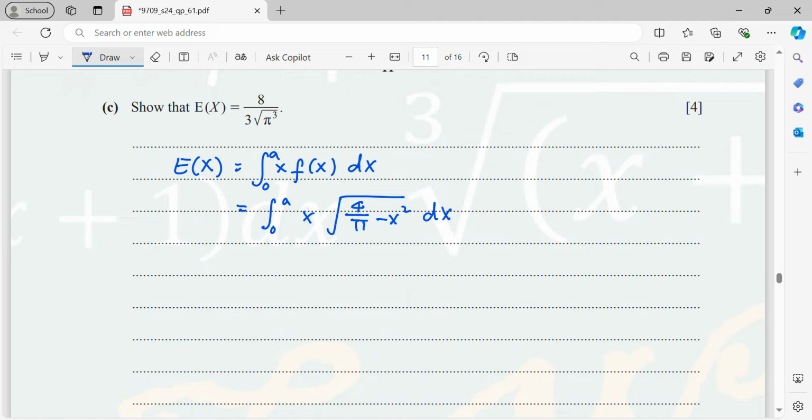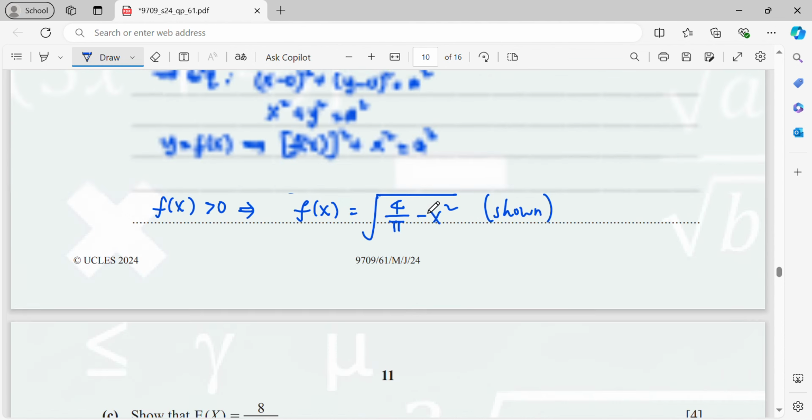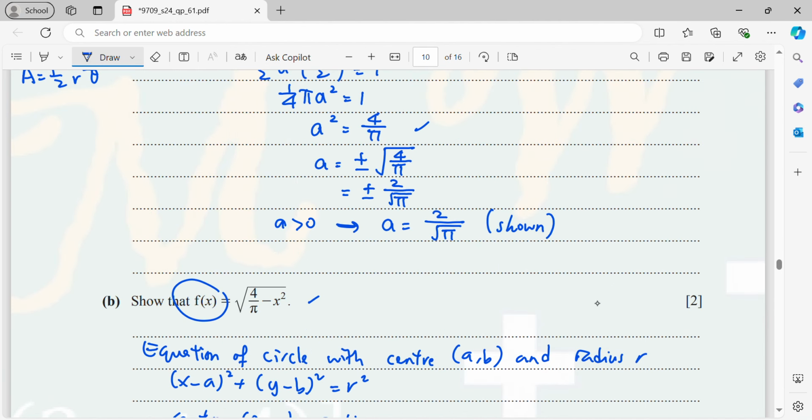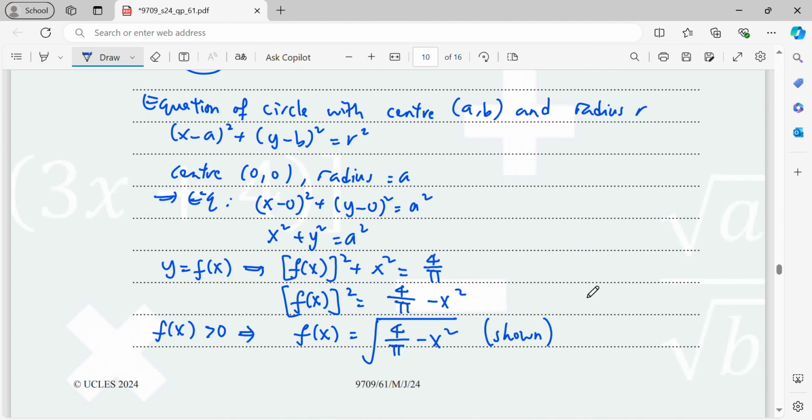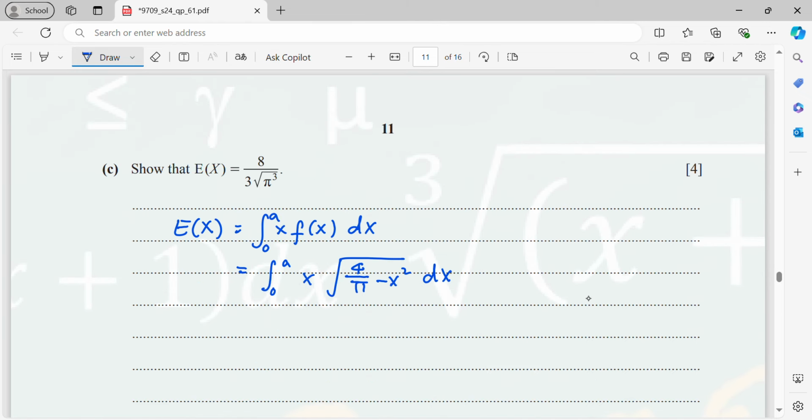Now to integrate this, I will replace my a. I already found my a. A is 2 over square root pi. Basically, here I should write it is between 0 and 2 over square root pi inclusive. So that means here I need to integrate up to 2 over square root pi.